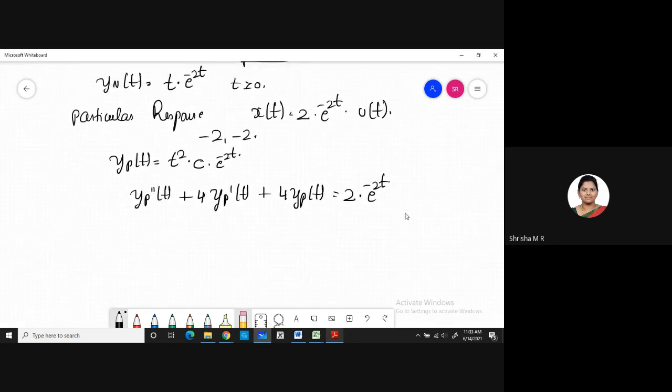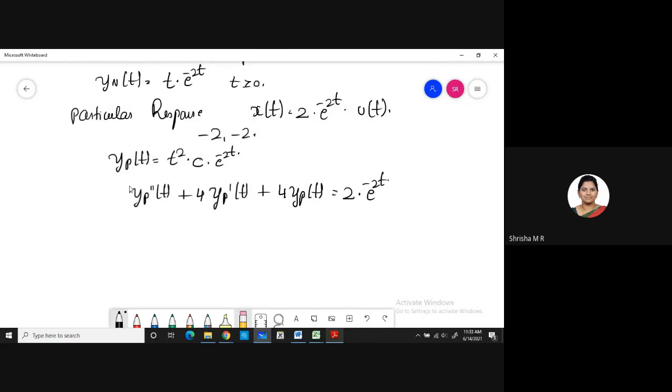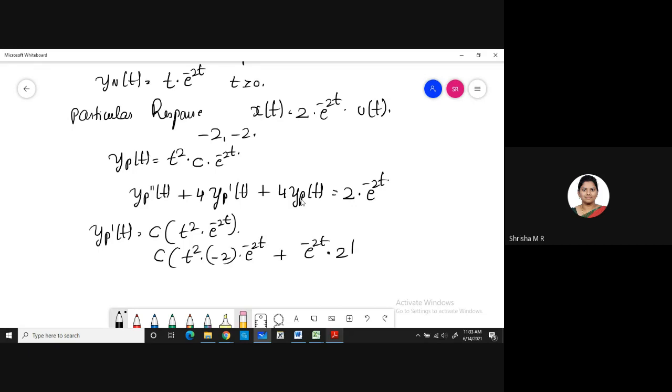Now we'll find yp dash of t and yp double dash of t. So yp of t is t square into c into e power minus 2t. So yp dash of t, you have to use the product rule. C I will take outside, t square into e power minus 2t. So that would be equal to c, t square I'll keep constant, I have minus 2 into e power minus 2t, plus e power minus 2t and I'll differentiate t square, you get 2t.